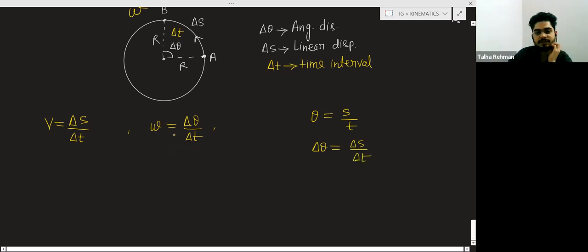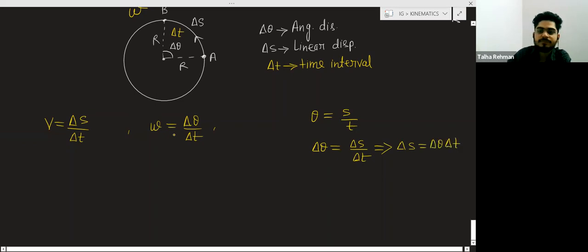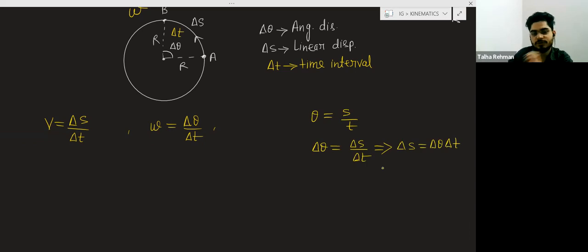We can calculate from here delta S. So your delta S will become delta theta into delta t. Is it or not? So now you can put this value here.